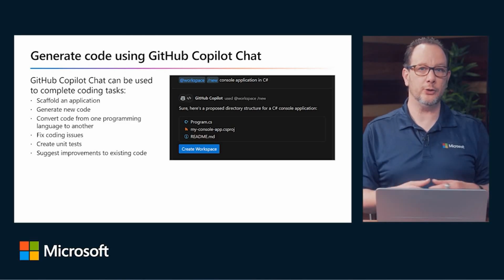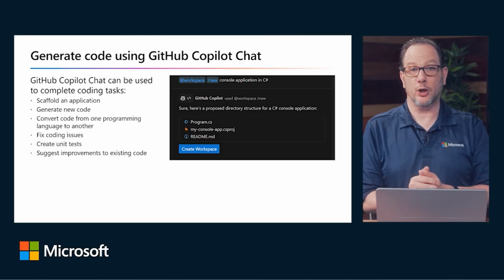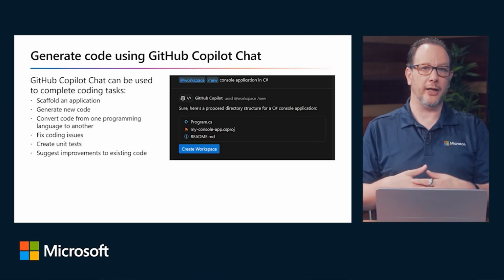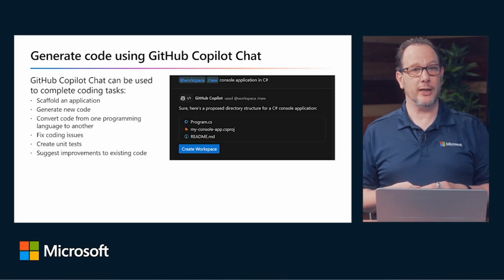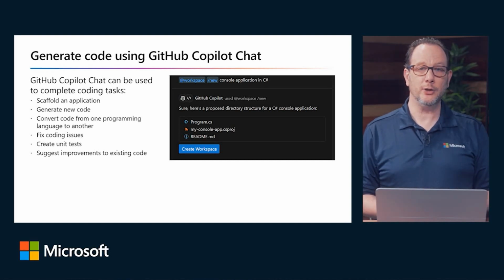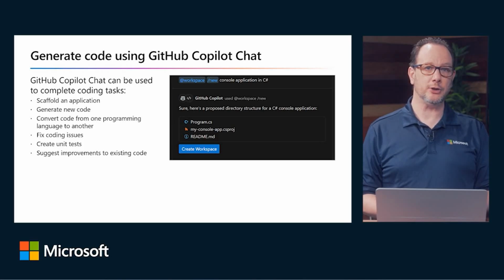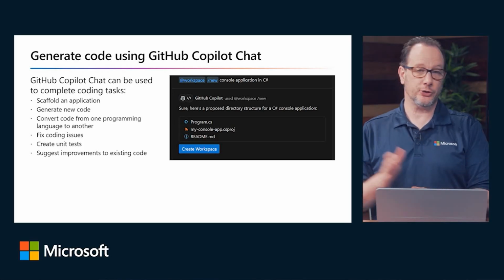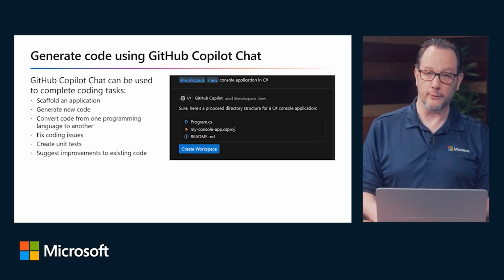Maybe you never really used .NET New as the command line, which means that now, thanks to natural language, you can say, hey, my dear Copilot chat, can you help me create a new console application in C#? And bam, in just a couple of seconds, everything will be there.